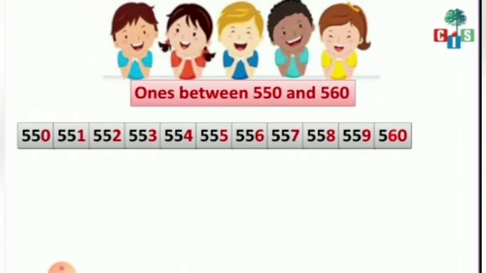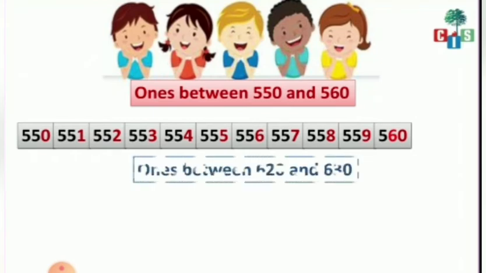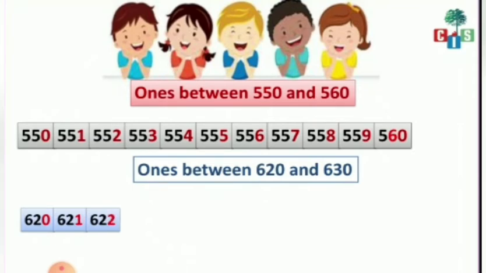Now let us see one more example. Ones between 620 and 630. So we are starting with 600, right? So here it is 620. So 620, then 621, 622, 623.